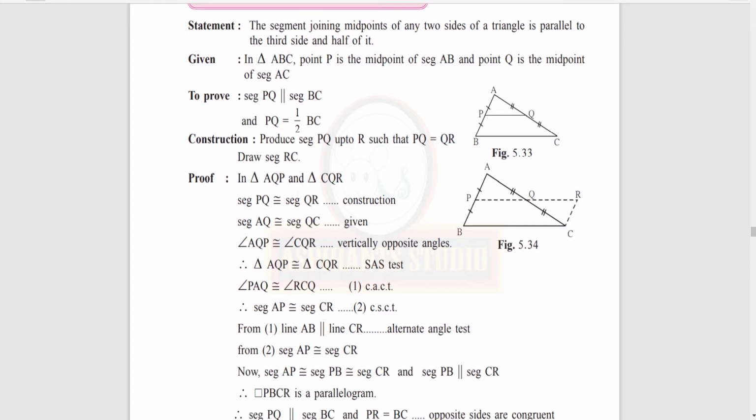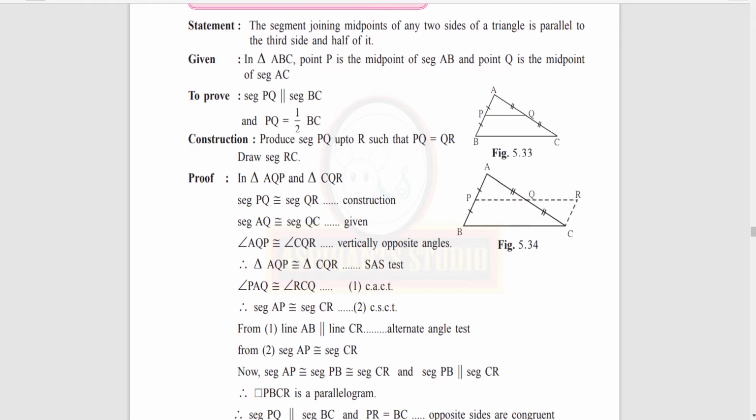Now from equation 2, segment AP is congruent to segment CR. Segment AP is congruent to segment PB, because P is the midpoint of segment AB. See, from equation 2 we have segment AP is congruent to segment CR.